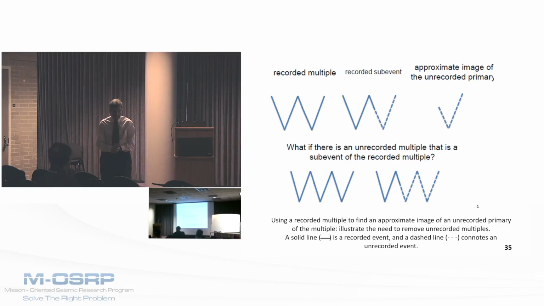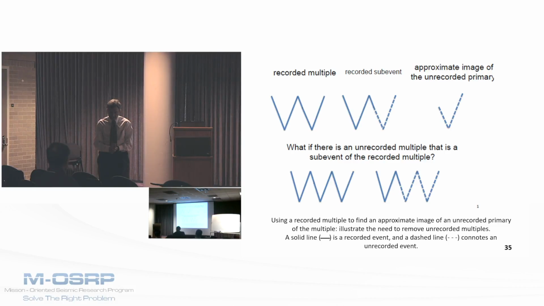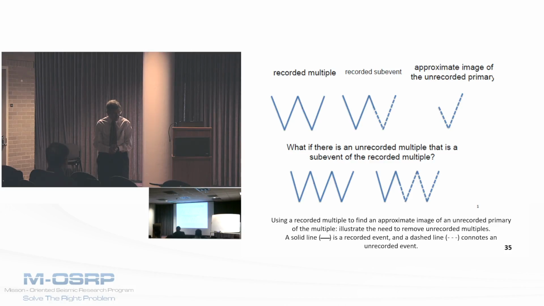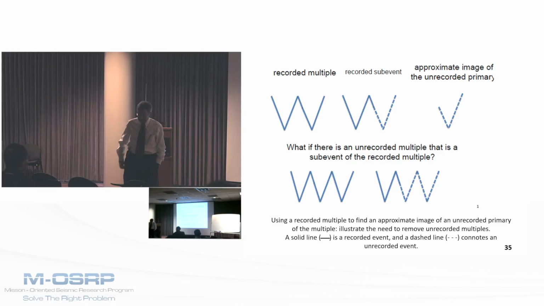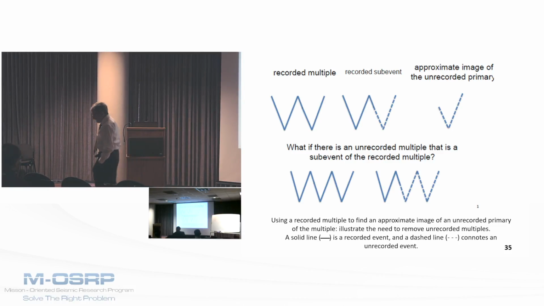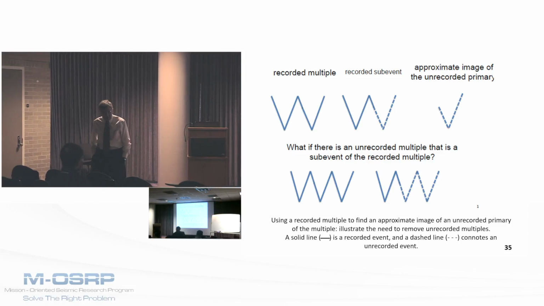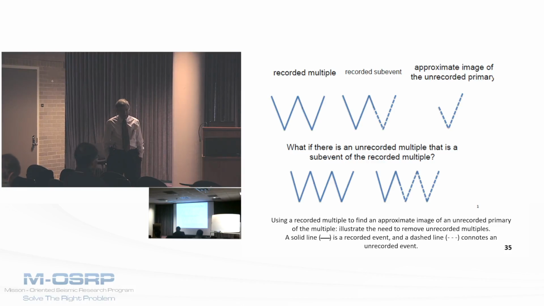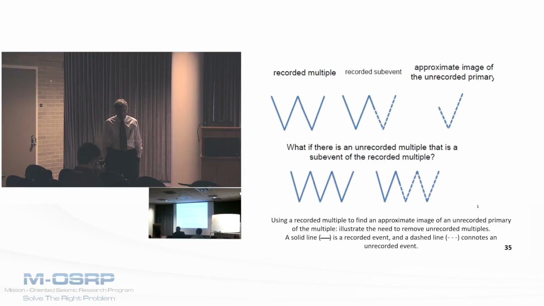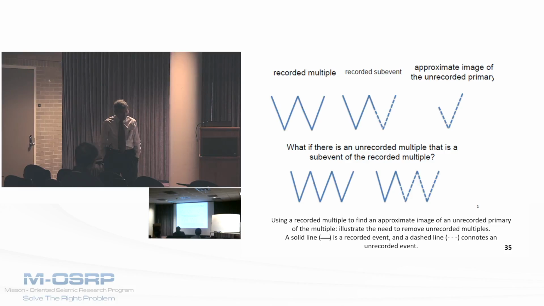As long as we can't find a discontinuous velocity, we have to remove recorded multiples. Okay? If there's some day that we can find a discontinuous velocity, you don't have to get rid of multiples. Yes?